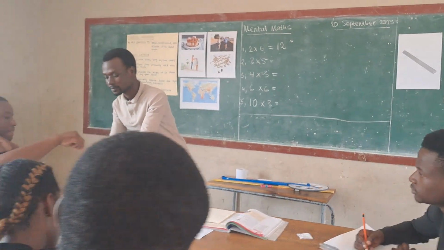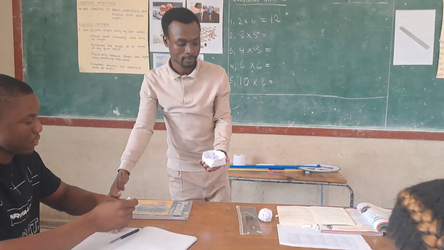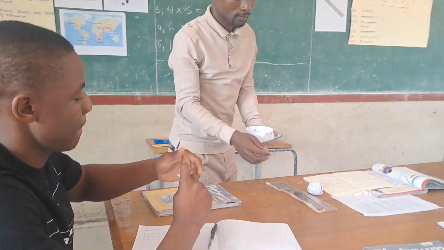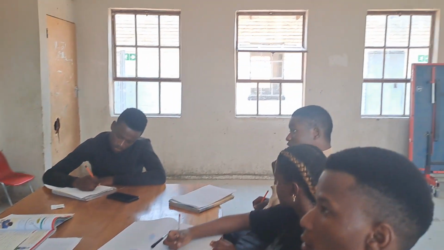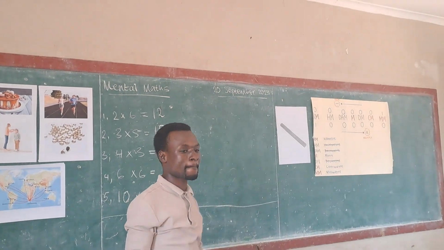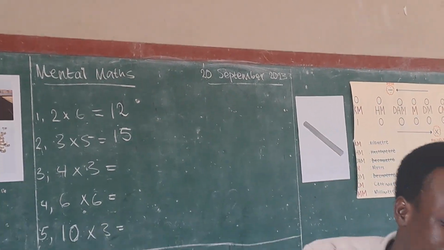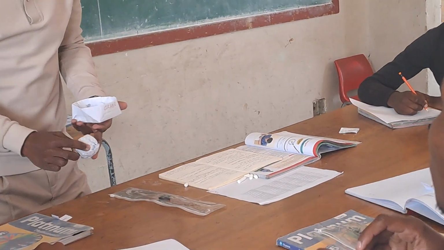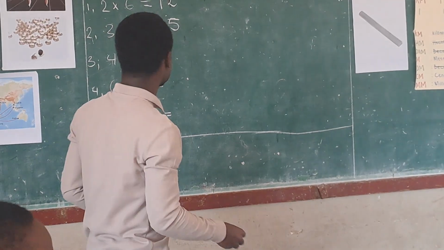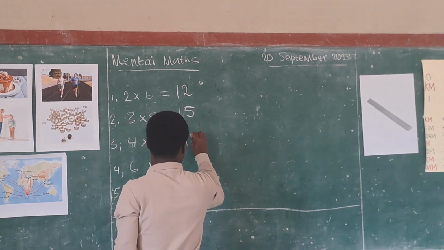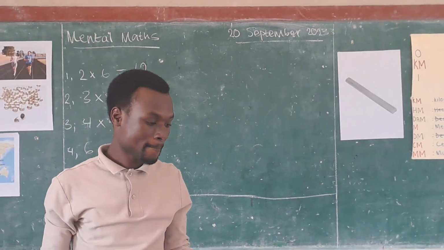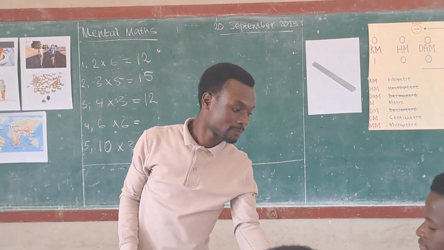Pick up one. 3 times 5? 15. Pick up one. 4 times 3? 12. 4 times 3 is 12. Pick up one.